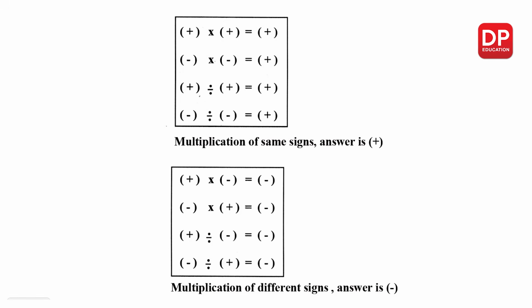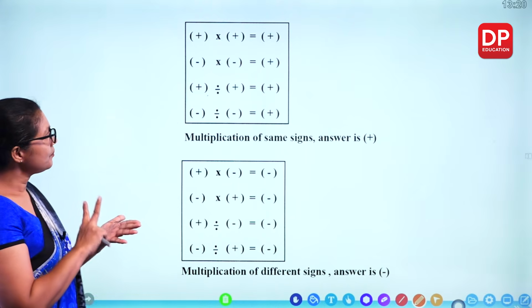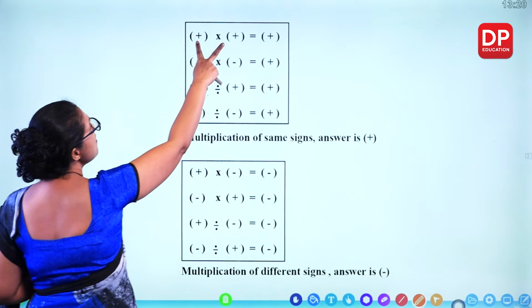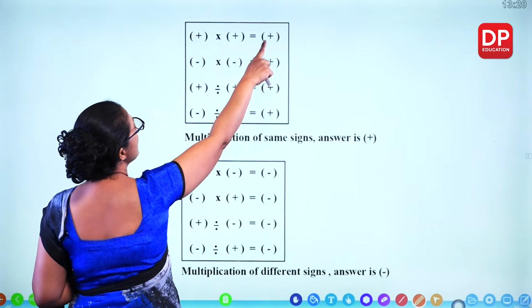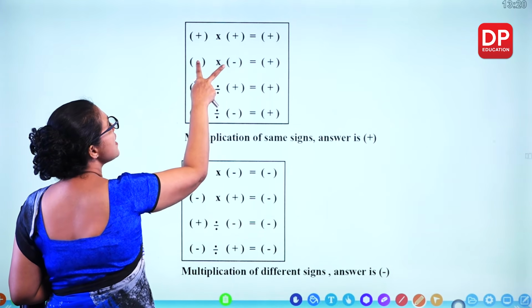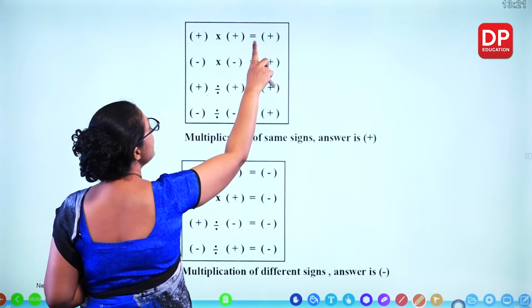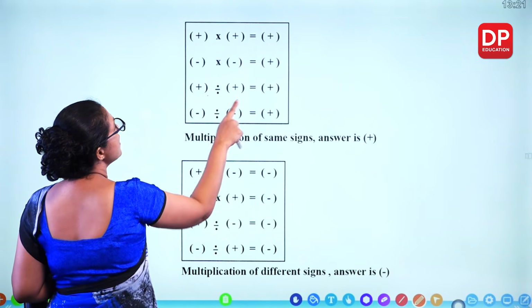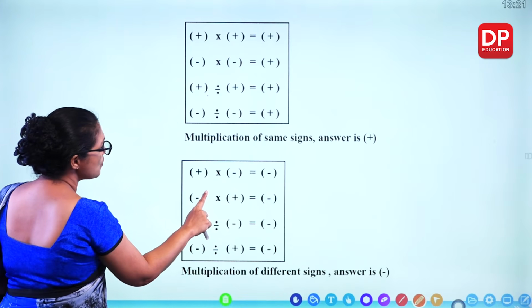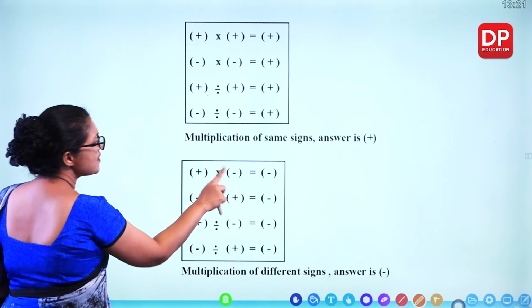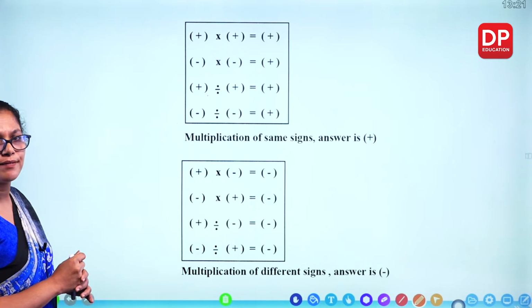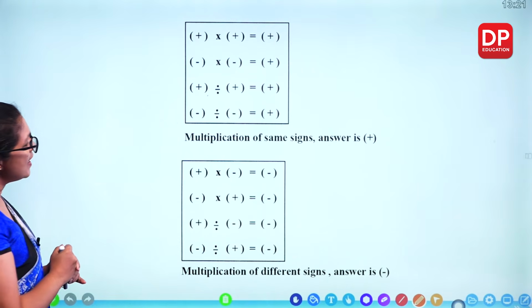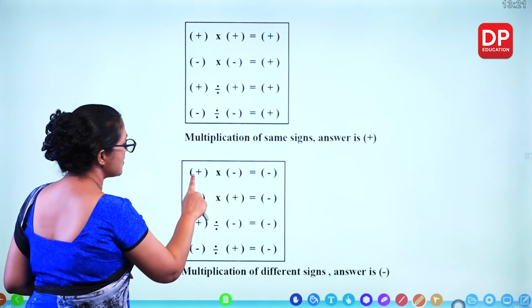So you need to remember, when you get same sign pluses, or either same sign negatives, the final answer is positive. When you divide here, this one positive and one negative, always you get negative answer.